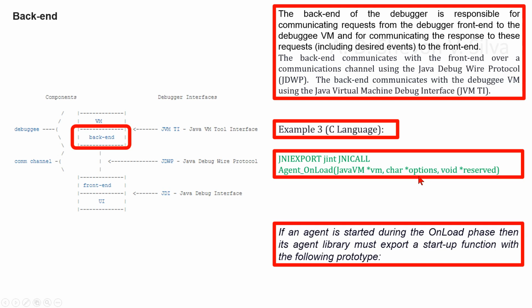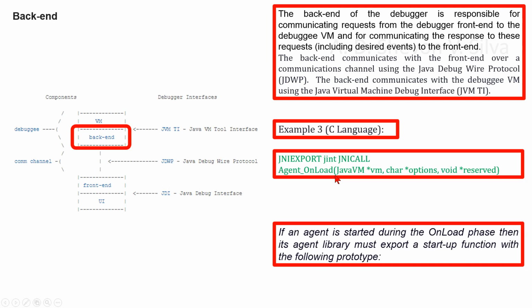The period between when Agent_OnLoad is called and when it returns is called the OnLoad phase. Since the VM is not initialized during the OnLoad phase, the set of allowed operations inside Agent_OnLoad is restricted.